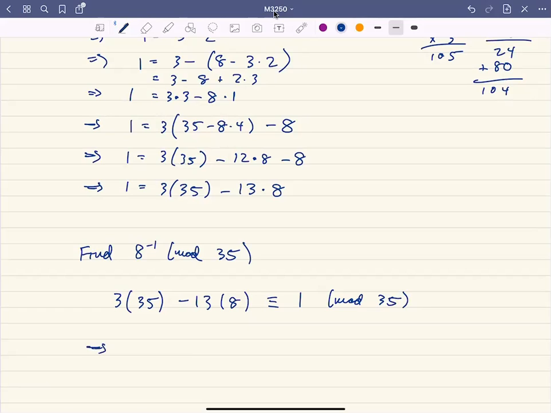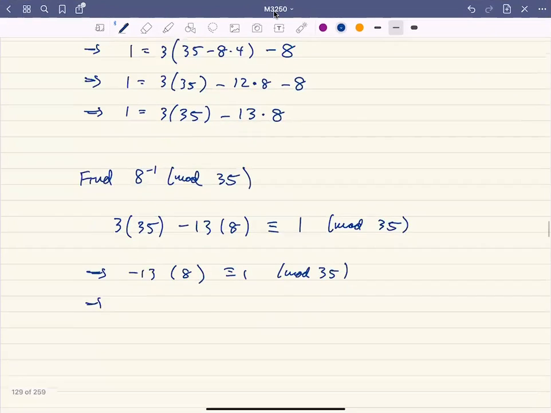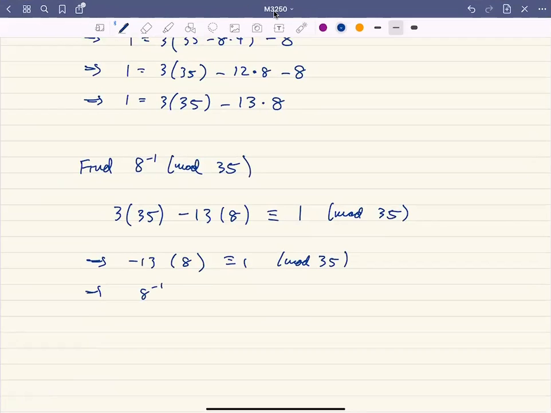Now, 3 times 35 is really just 0, mod 35, because 35 is 0. So this tells us that negative 13 times 8 is congruent to 1 mod 35. And then from there, what we get is that the multiplicative inverse of 8 mod 35 is congruent to negative 13.